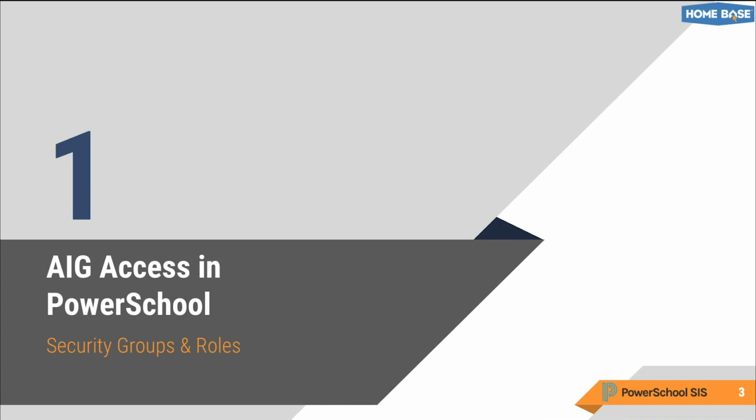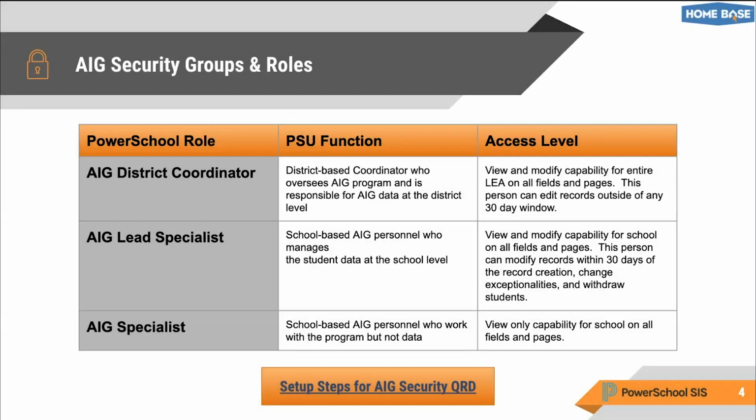And so we want to begin by taking a look at AIG Access. In order to access an individual student's program information in a secure way, there are 3 distinct levels of access within PowerSchool. So you can see those 3 roles on the chart above.